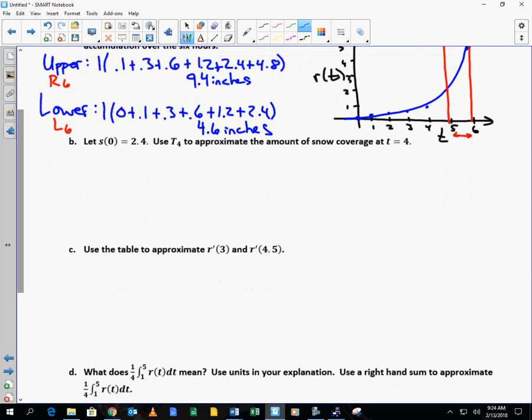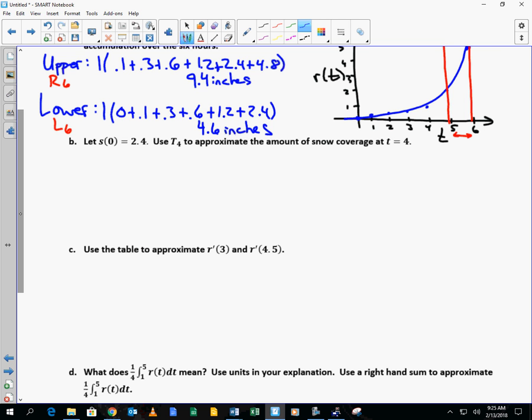It says, let S of 0 equal 2.4. What does that mean? You got 2.4 inches of snow at the beginning right away. Use T4. What does that mean? Trapezoidal of 4 to approximate the amount of snow coverage at 4 hours.